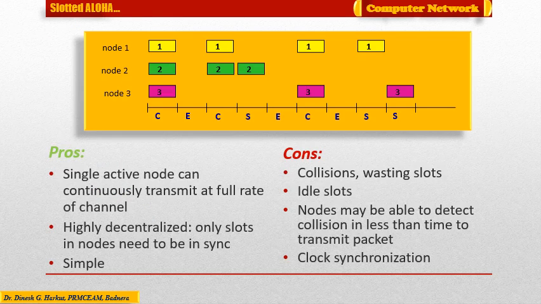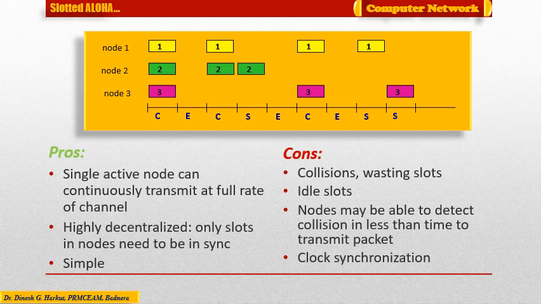The slotted ALOHA random access protocol would appear to have many advantages. Unlike the earlier channel partitioning multiple access protocols, slotted ALOHA allows a node to transmit continuously at full rate, that is R bits per second, when the node is the only active node.